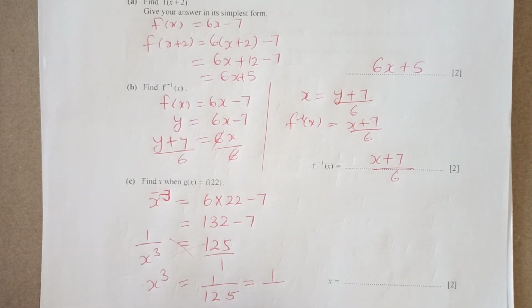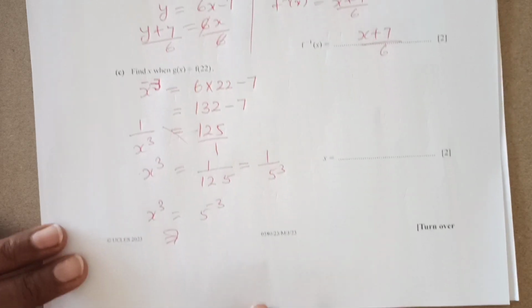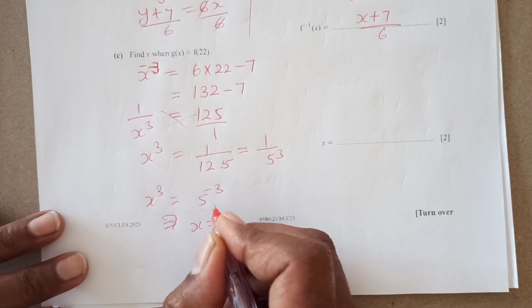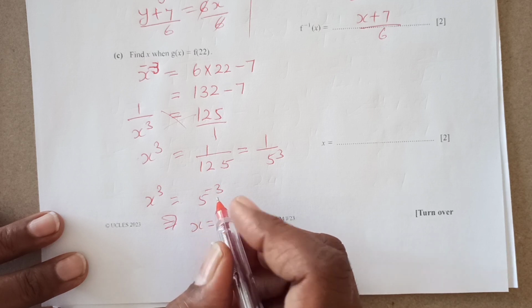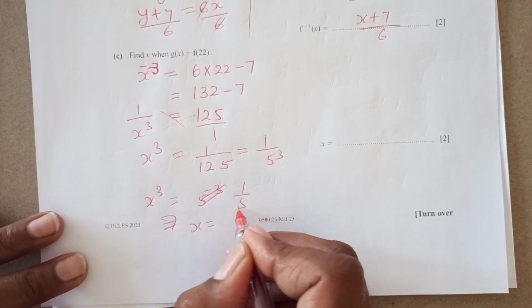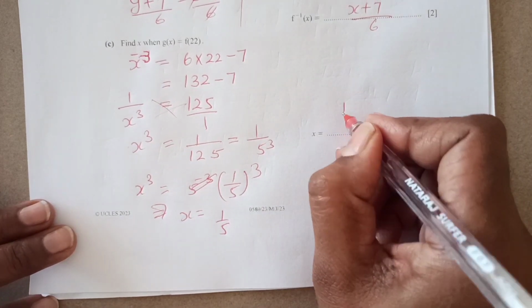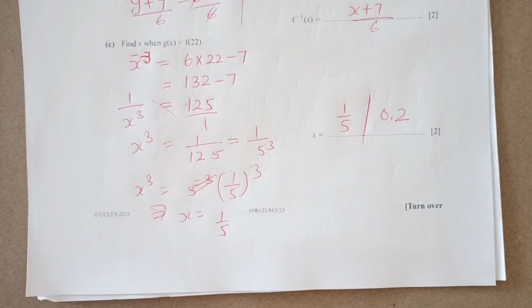So we can write it down like this: x cubed equals 5 to the power of negative 3. So x equals 1 over 5 to the power 3, x equals 1 over 5. So the final answer is going to be 1 over 5, or 0.2.